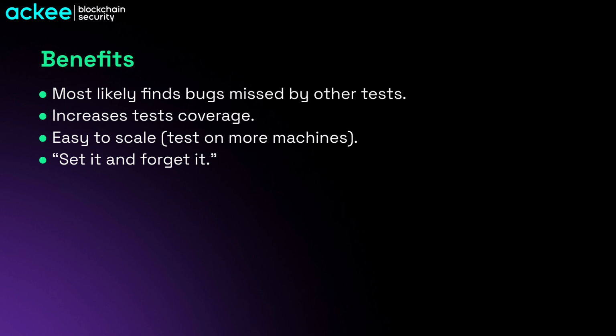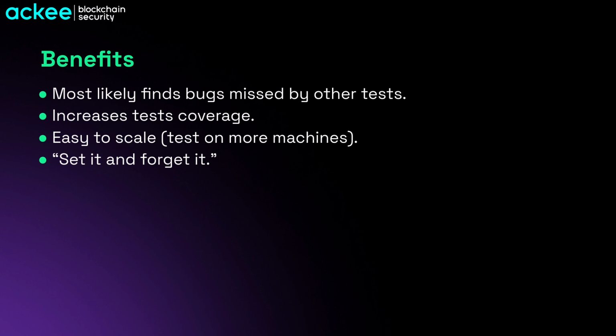It really generates unexpected data for the program that are sometimes not intuitive, and that can be missed by usual unit tests or integration tests done by humans or developers. And it increases test coverage. This is kind of obvious.